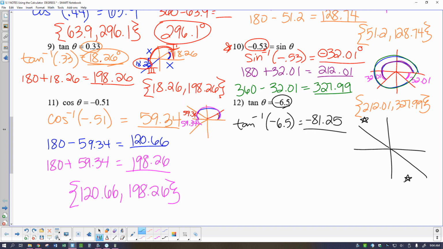So in terms of 81.25, if I was drawing that angle negatively, that would be here, 81.25. Also, same kind of concept here, right? This is going to also be 81.25.